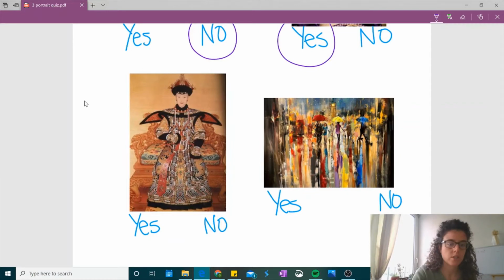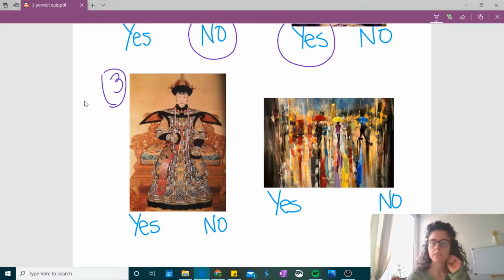Now let's look at this one. We'll call it number 3. What do you think? What did you write? Is it a portrait or is it not a portrait? This one is also a portrait. So we have a full subject, a full body.